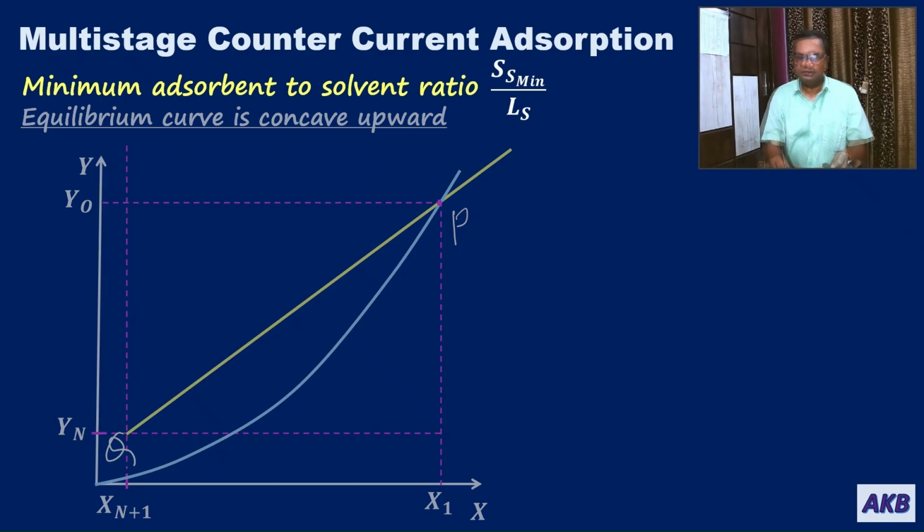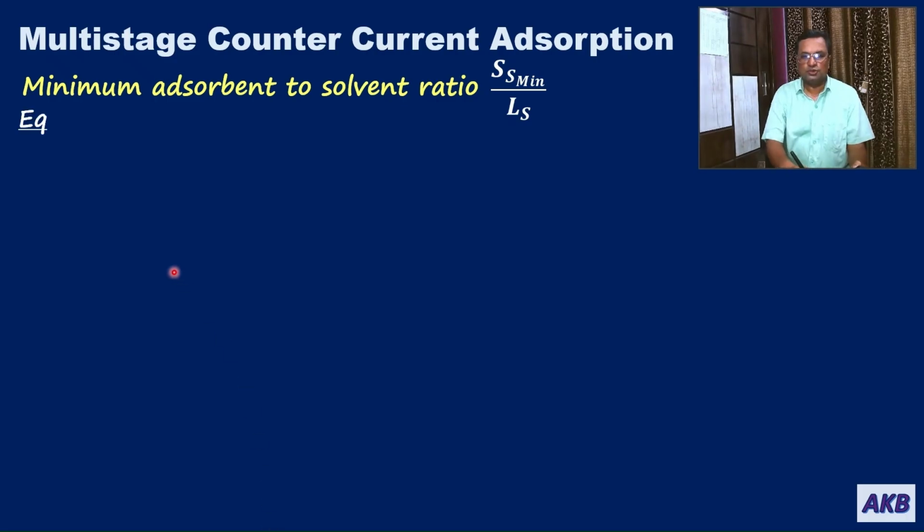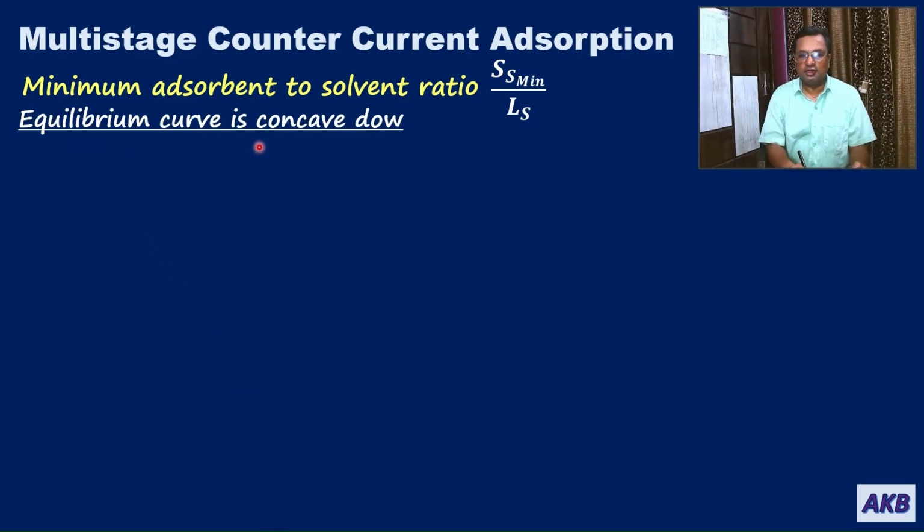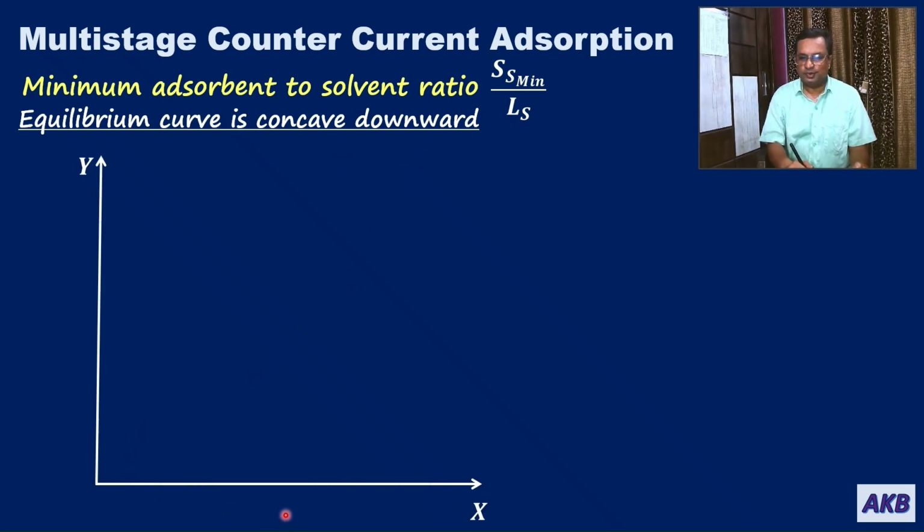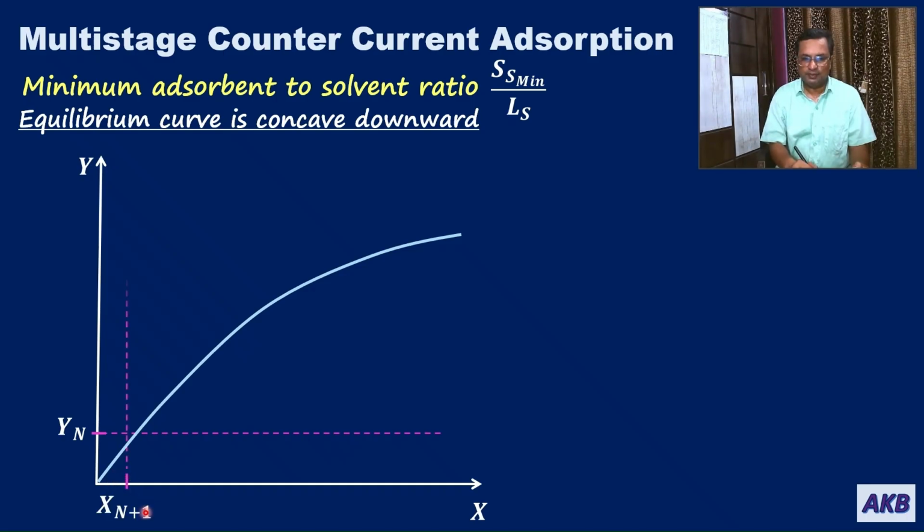Then finally, we will look at how to locate the pinch point if the equilibrium curve is concave downward. So you have the equilibrium curve, and if it is concave downward, then the operating line or pinch point will be located in this way. So you have point Q over here, and then if you draw a line that touches the equilibrium curve, the pinch point will occur at the point of tangency.